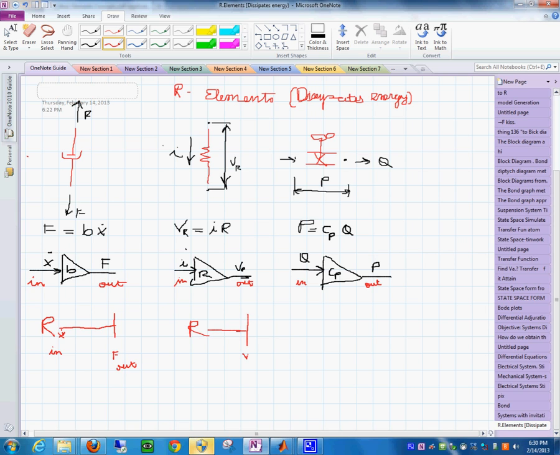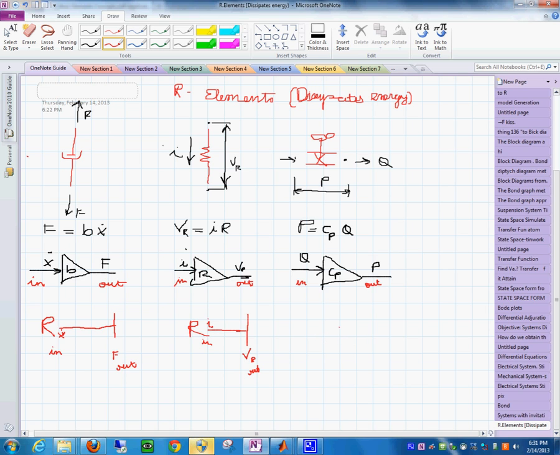So this is e sub R, and this is what is going out, and this inside is the current I, and this is what is going into the element.